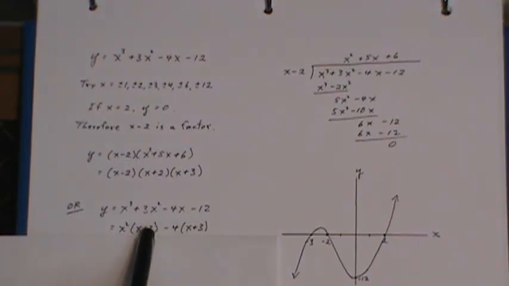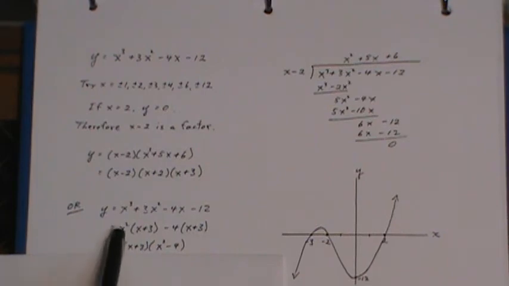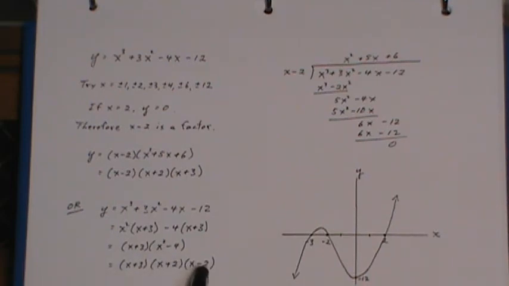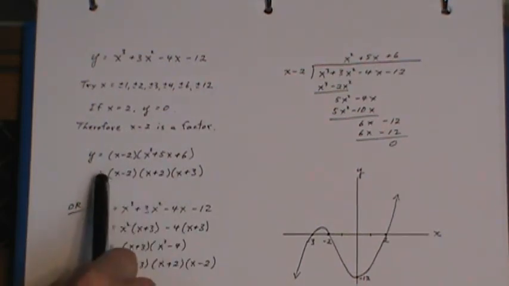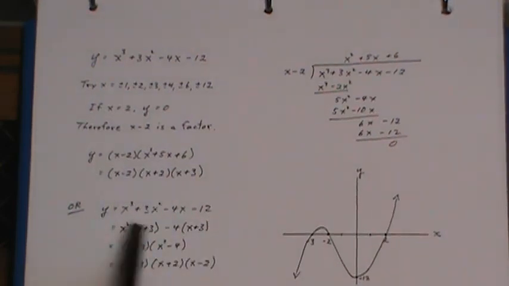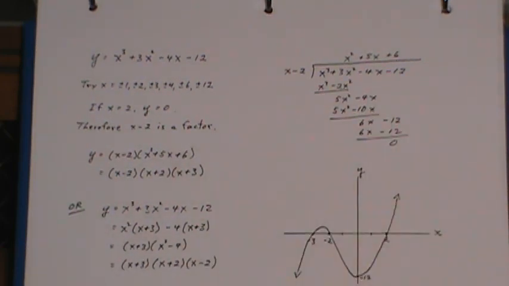Then I take the x plus 3 out as a factor, leaving x squared minus 4. And then I factor the x squared minus 4 into x plus 2, x minus 2. Same factors as up here. This doesn't always work, but always look for that because it saves you from going through all of this. So that's how we graph cubics, and this is the standard cubic shape.